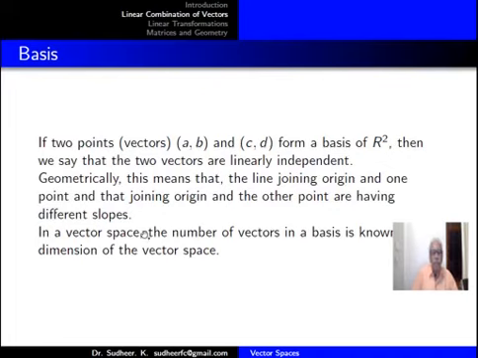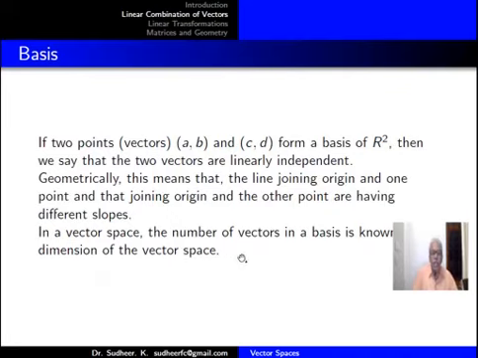So that's the meaning of the two vectors being linearly independent. The line containing one vector will not contain the other vector; the lines containing the two vectors forming a basis of R2 will have different slopes.